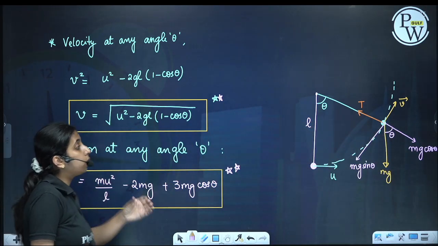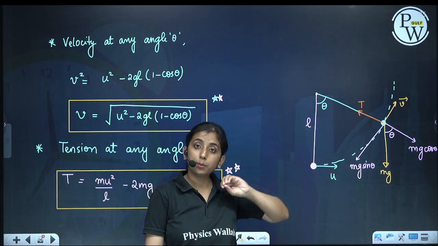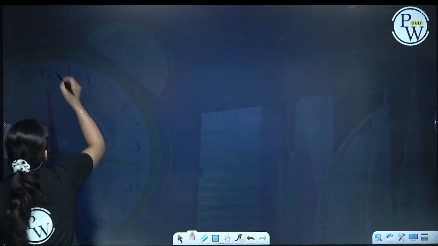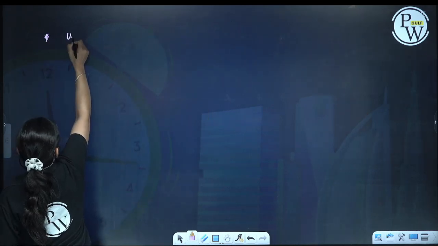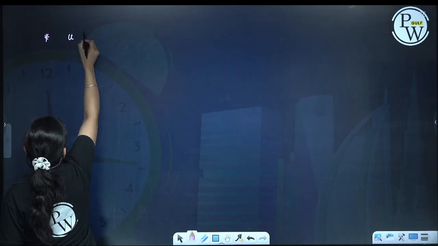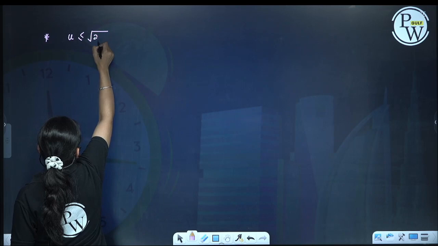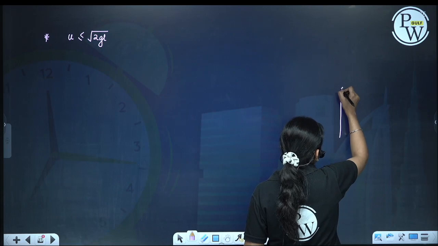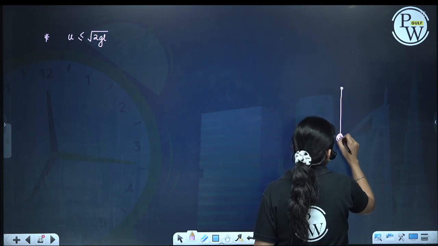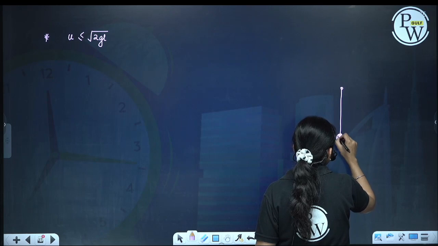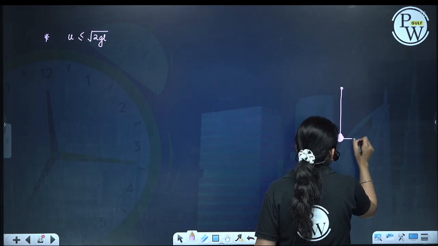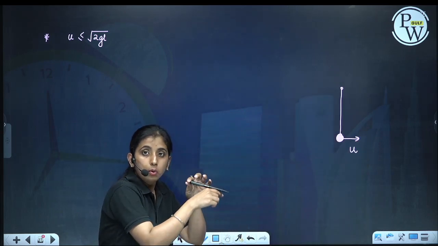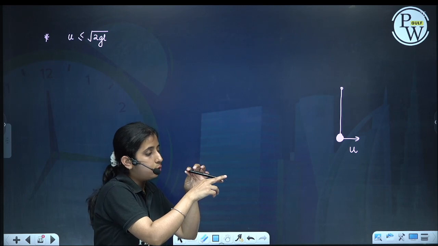Now, depending on what velocity we give to this particle at the bottommost point or initial point, it will execute different types of motion. First, if we give a velocity u less than or equal to under root 2gl, what will happen?